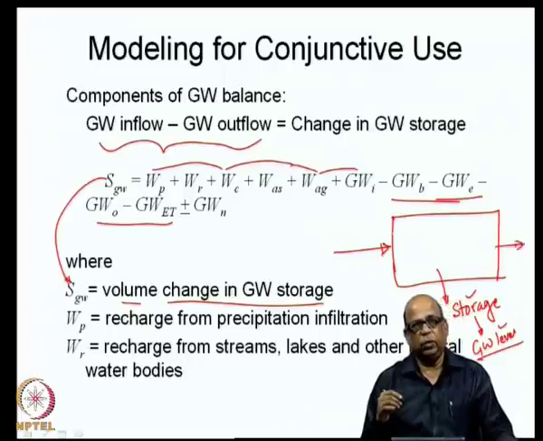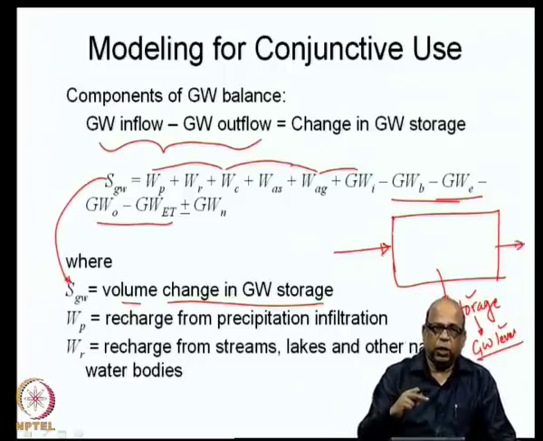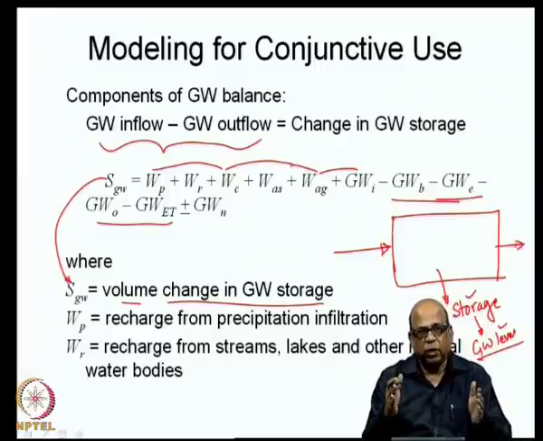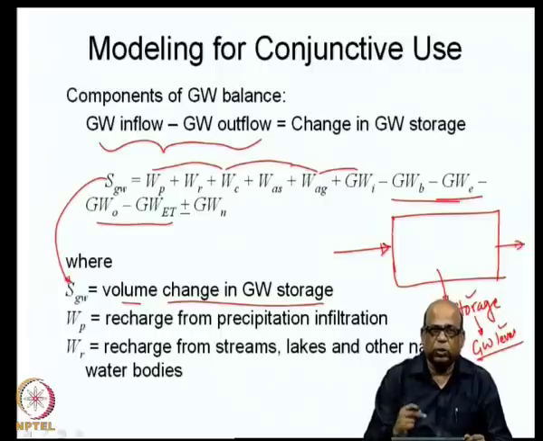typically what we do in the conjunctive use models is look at the irrigated area on the surface, demarcate the boundaries of the irrigated area, and then look at the aquifer boundary below the irrigated area.